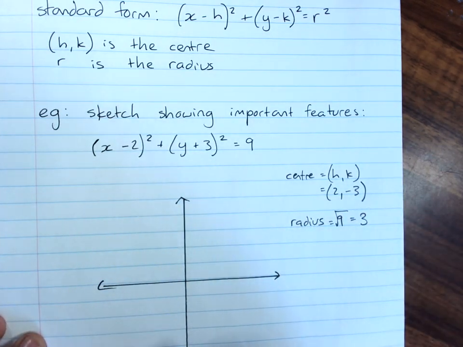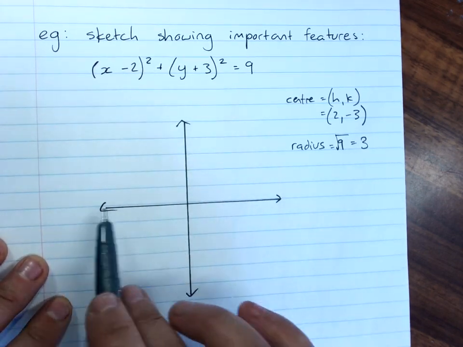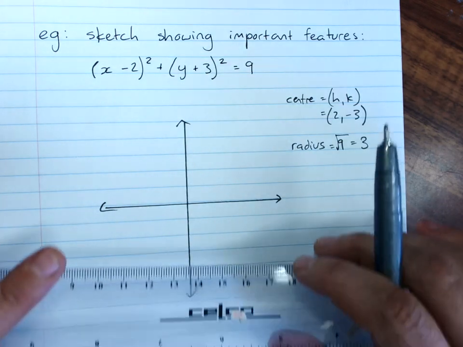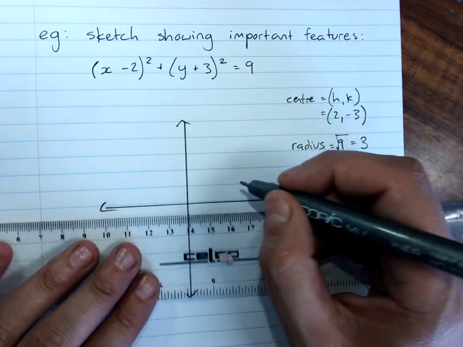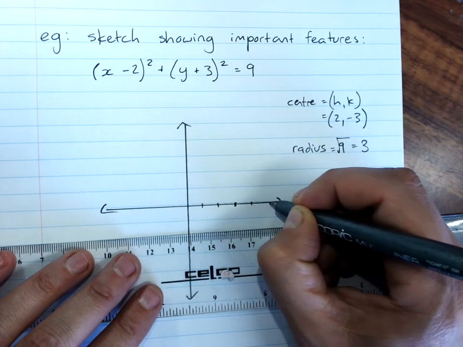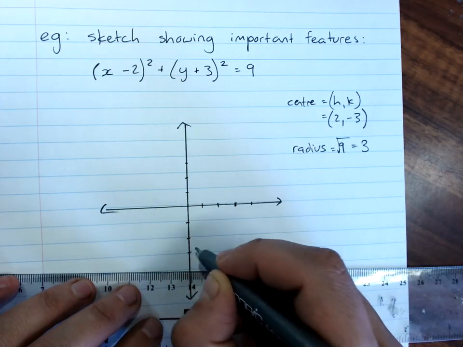A good idea when you're doing a circle to stay fairly accurate, so I'd probably consider putting in some evenly spaced gradations, even possibly with a ruler.